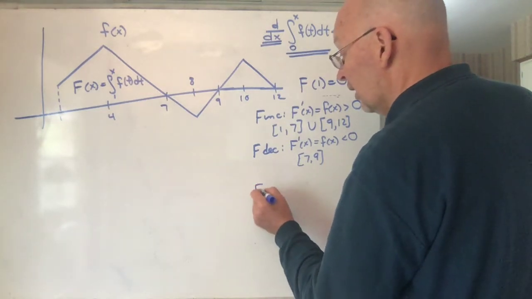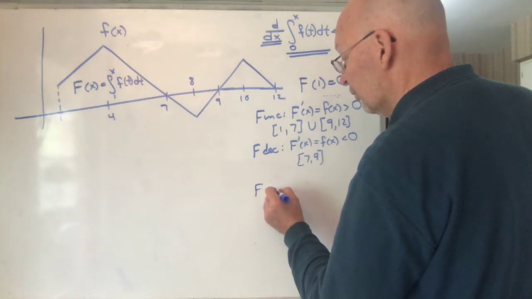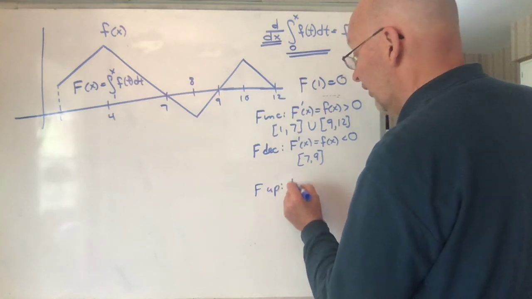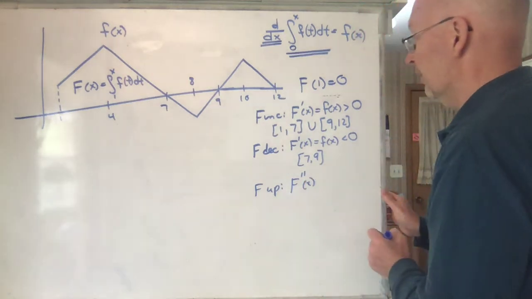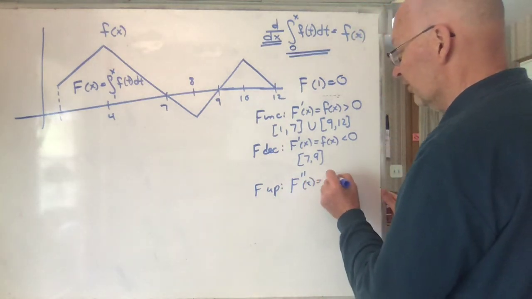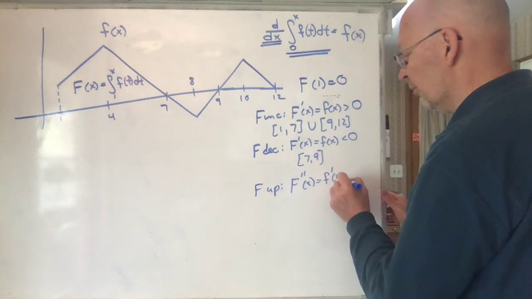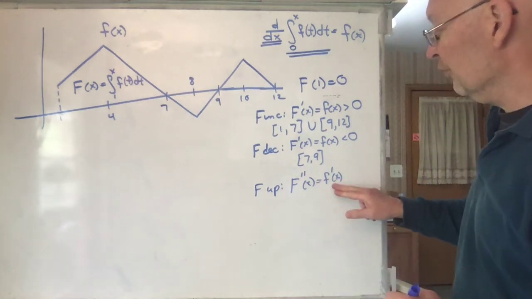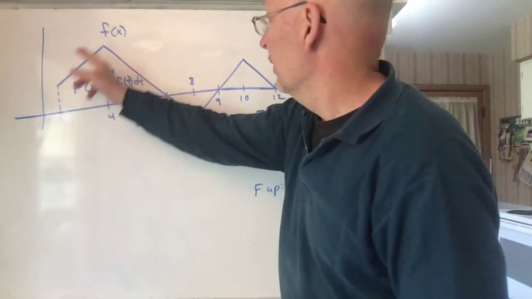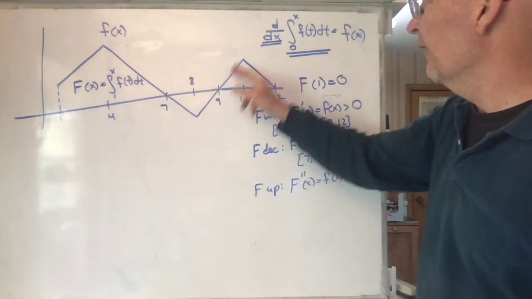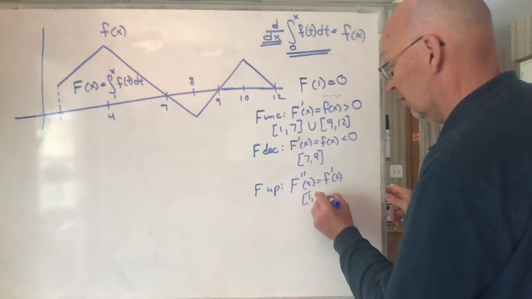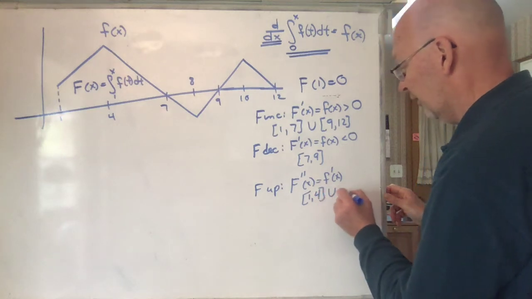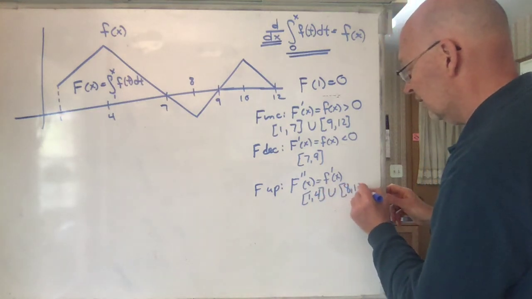F concave up, I'll just write up. That's where its second derivative is positive, but its second derivative is going to be equal to the first derivative of small f. Where is the first derivative of small f positive? From 1 to 4 and from 8 to 10.